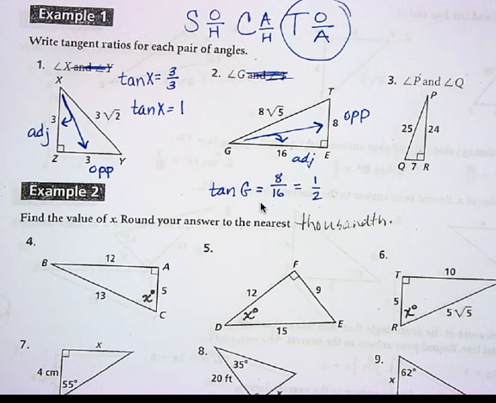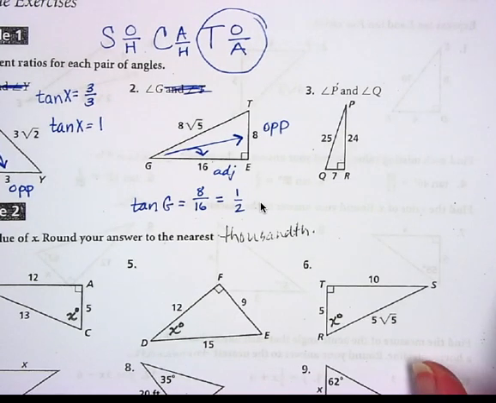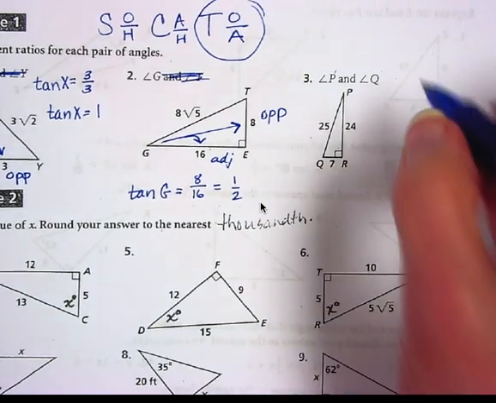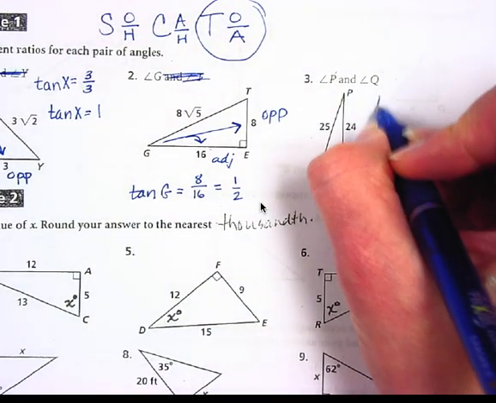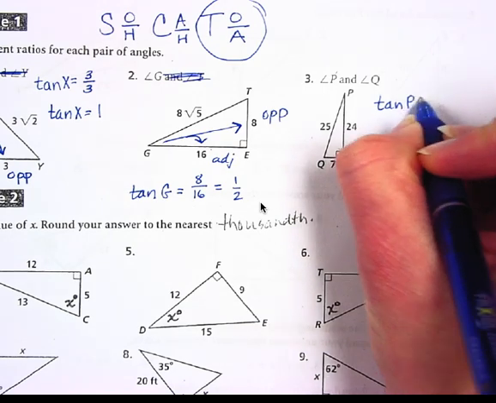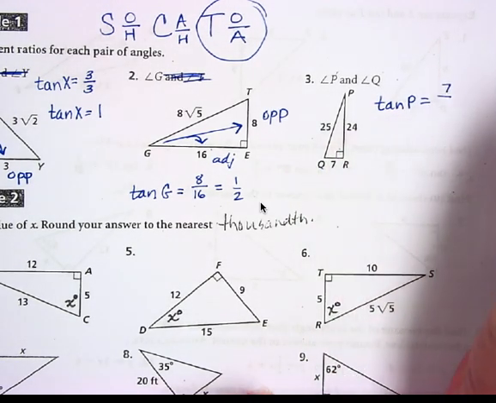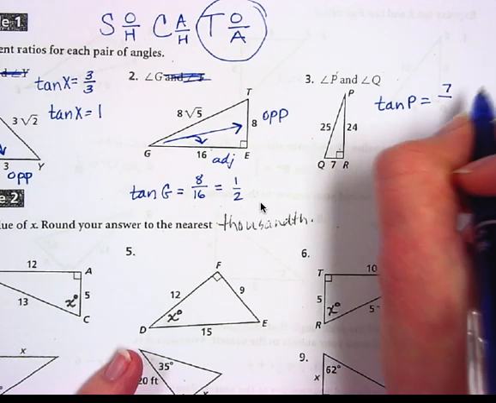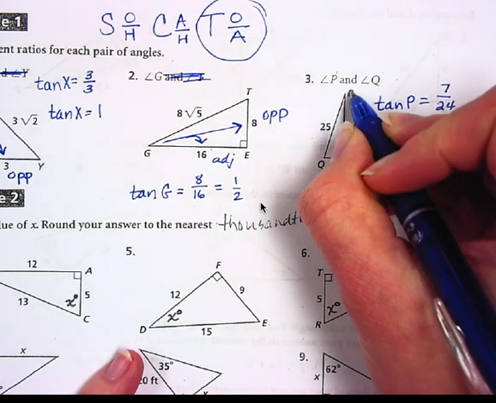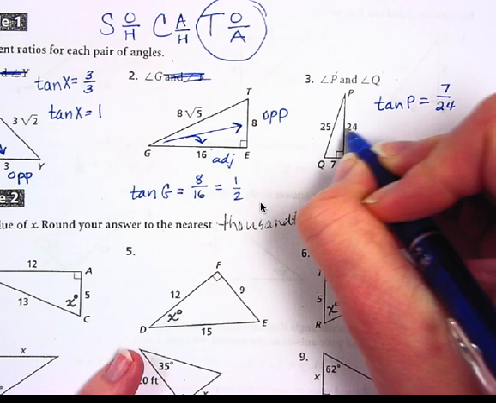We are going to do both P and Q on the next one, and because we're doing both of them, I'm not going to label them, but I want you to see what's happening with that, to make sure that we're understanding. All right, so tangent of P equals opposite, which is what? 7. Over adjacent, which is what? 24. So across is opposite and adjacent is 24.